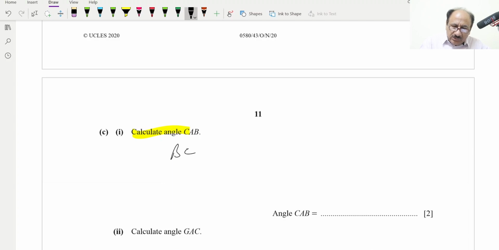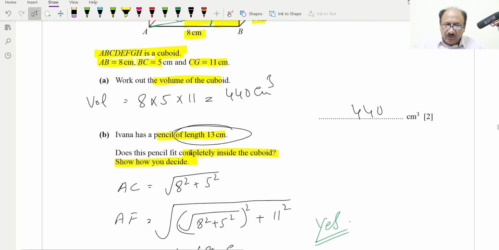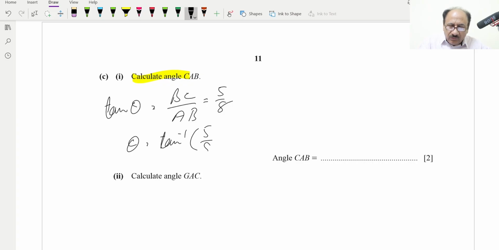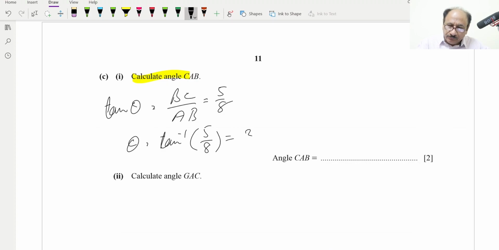BC over AB will be equal to tan of theta, and BC over AB is 5 over 8, so theta will be equal to tan inverse of 5 over 8, and this can be checked by the calculator. So shift tan of 5 divided by 8 is equal to 32.00. So we will write 32 degrees.